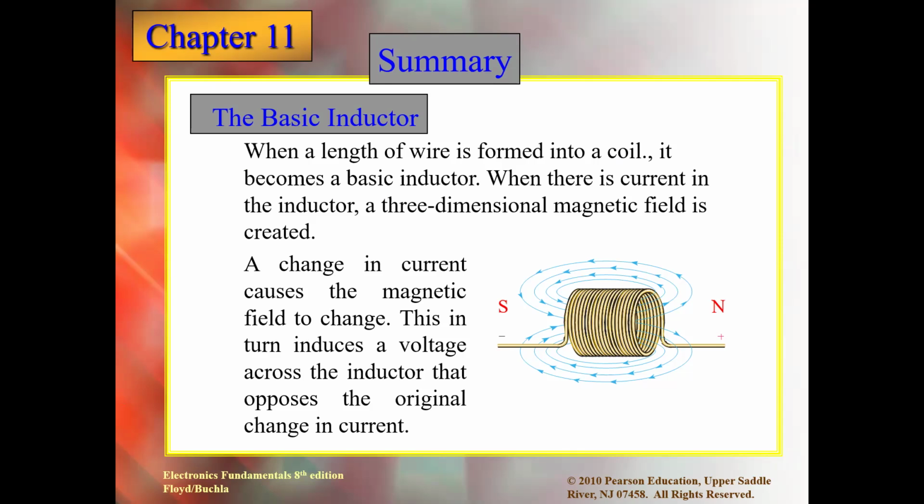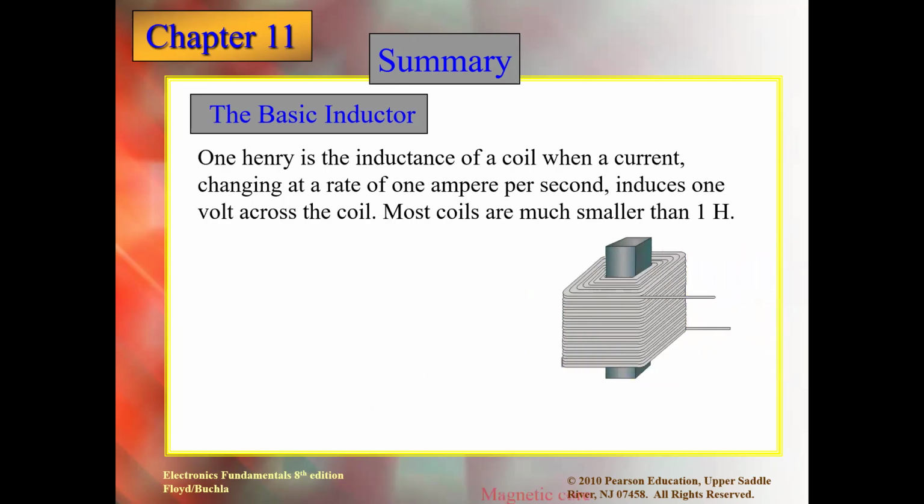Because of this change of the magnetic field, a voltage is induced across the inductor that opposes the original change in the current. So this is what we discussed. It's the basic phenomenon which happens in the inductor.